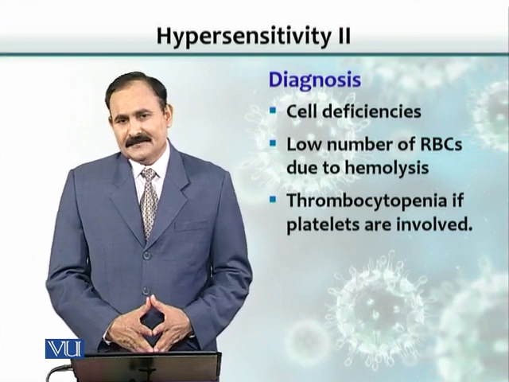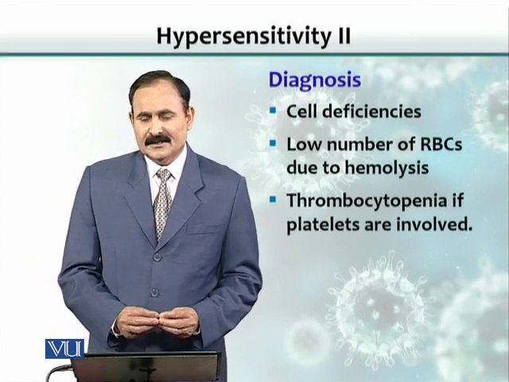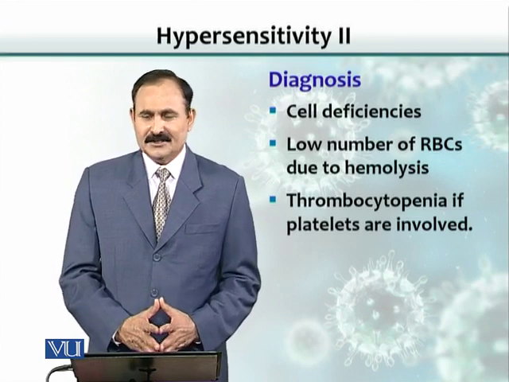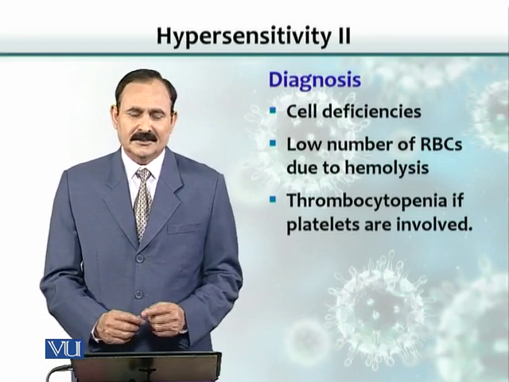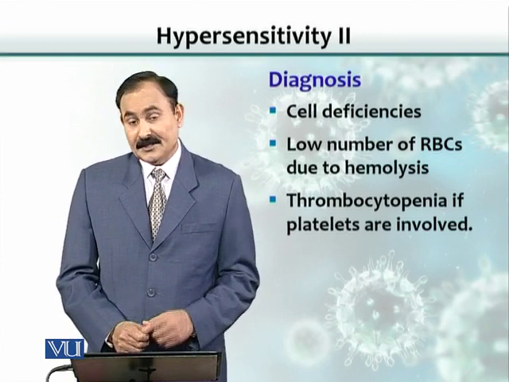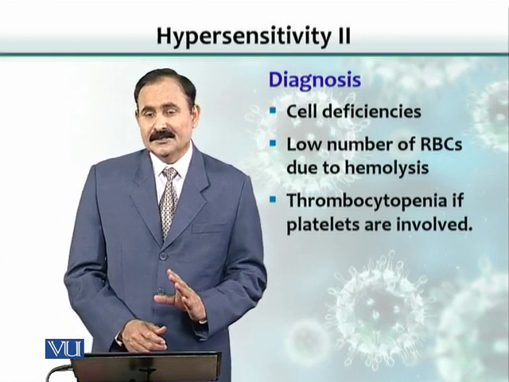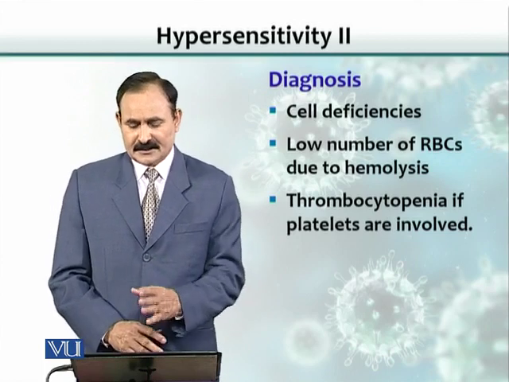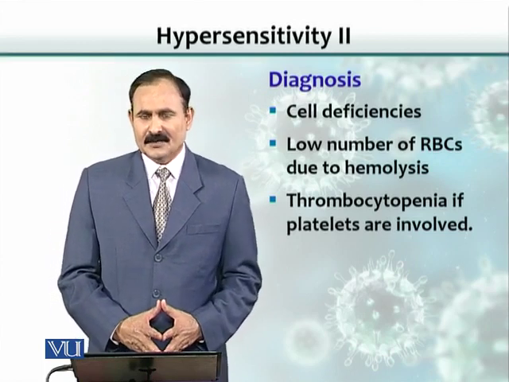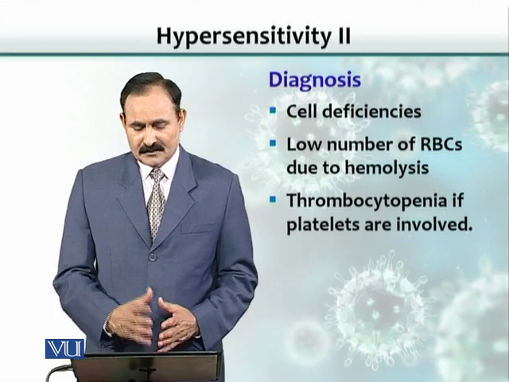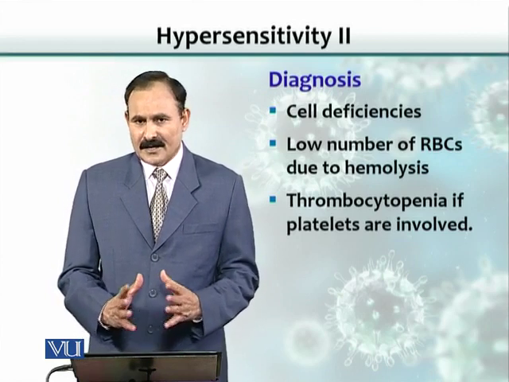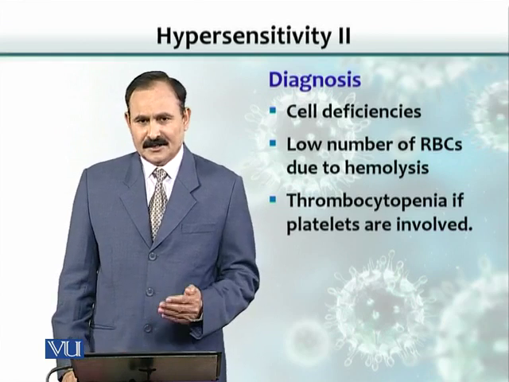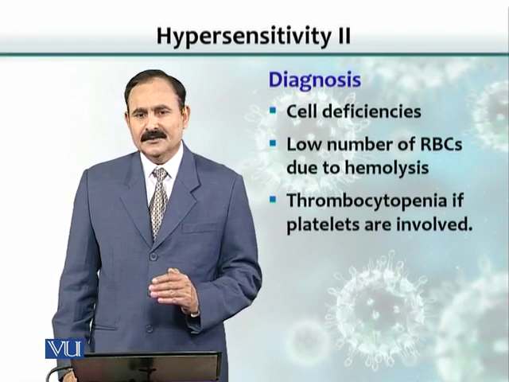So a low number of cells can give you a clue, although it's not a confirmatory test until you do some other testing. But this essentially can lead to a point where you can confirm later. This is a specialized field of immunology, but overall, you can get the hang of it. Thrombocytopenia is the result of when you lose your platelets.